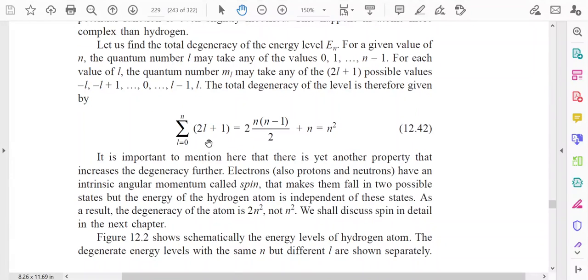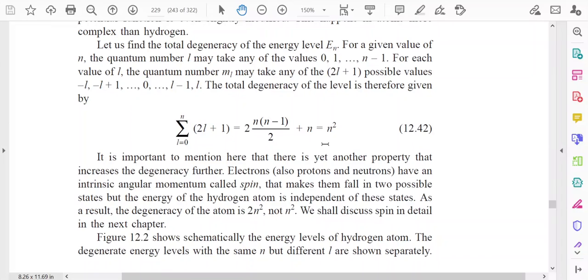If we expand this summation, the first term will be 2 into the summation of l, which gives 2 into n(n minus 1) by 2, and the constant term 1 summed over l gives n only. After adding, it gives n square.